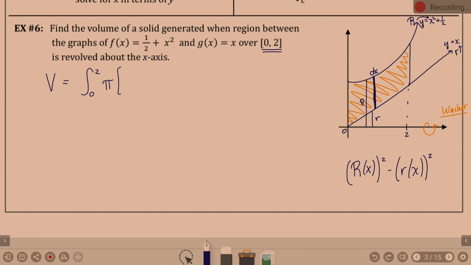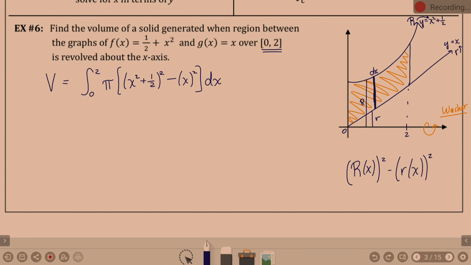X squared plus 1/2, or 1/2 plus x squared. So x squared plus 1/2 quantity squared minus little r squared. What's little r? X. X quantity squared. In my brackets, dx.